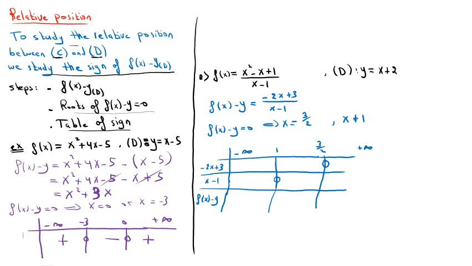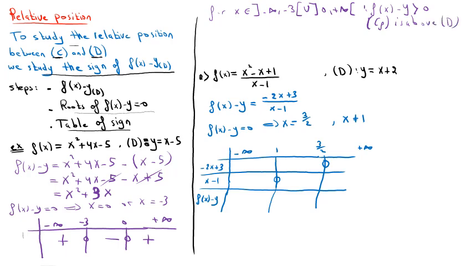So the answer will be, for x belongs to minus infinity, minus 3 union 0, plus infinity, we have f of x minus y positive. It means that f of x is greater than y. This indicates that C is above D.